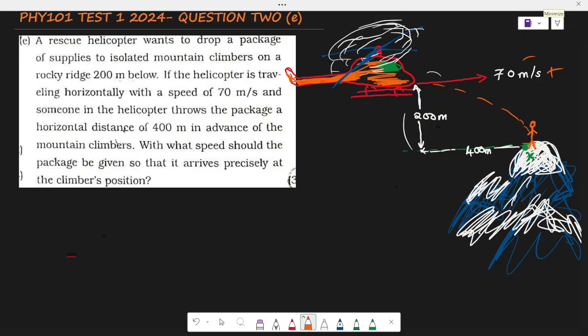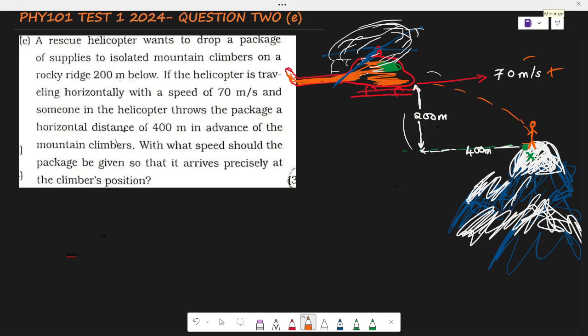Adding means he will throw it at a speed greater than the speed at which the helicopter is traveling. Subtracting means he will throw it at a slower speed, hence slowing down the package, and we will have a lesser speed at which the package is traveling.